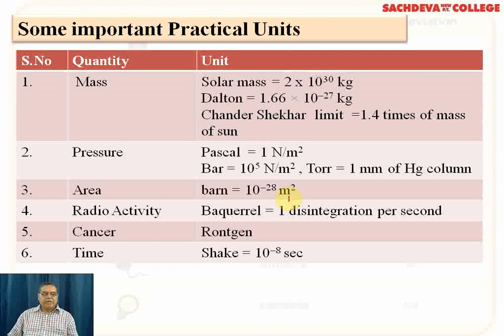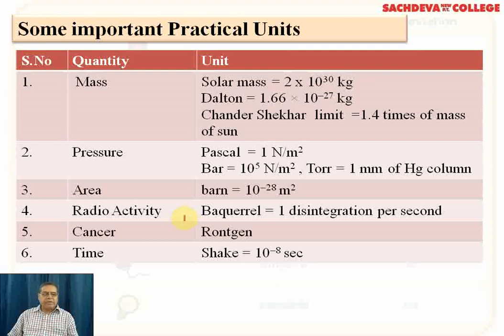Then another unit is for radioactivity. Well, radioactivity is basically the rate of disintegration, and the larger the rate of disintegration, the larger will be the radioactivity. Or radioactivity is a phenomenon in which radiations are given out from an unstable nucleus. All nuclei which have atomic numbers between 82 and 92, or from 92 onwards, are radioactive elements.